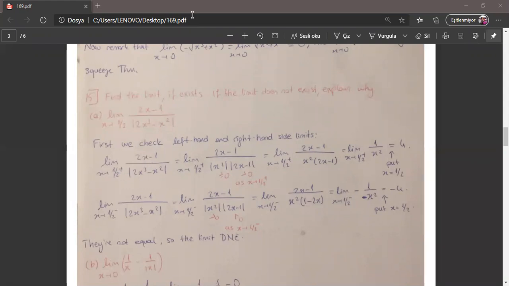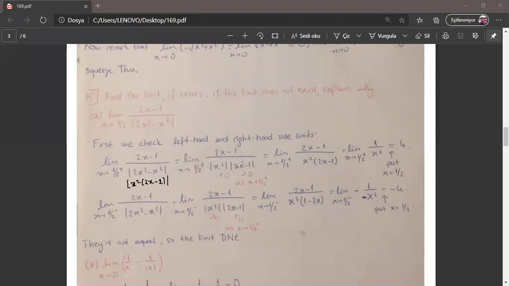We first write it clearly, okay? Here we have, in the parenthesis of x squared, we have 2x minus 1, right? In the absolute value. Okay, so we can write it separately here.